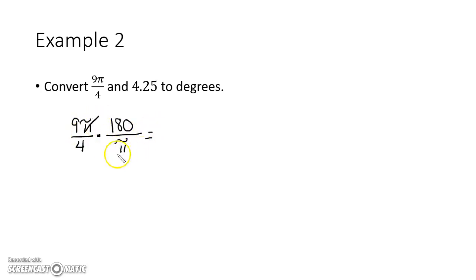So the pi's cancel, and we have 9 times 180, and we're going to divide that by 4. That's going to give us 405 degrees. So that's actually a bigger angle than 360. If we subtracted 360, we would find that gives us 45. So it's actually the same angle. We just added a whole extra rotation on our angle.